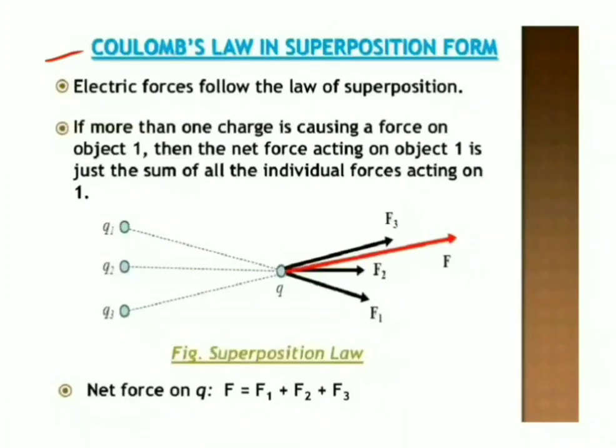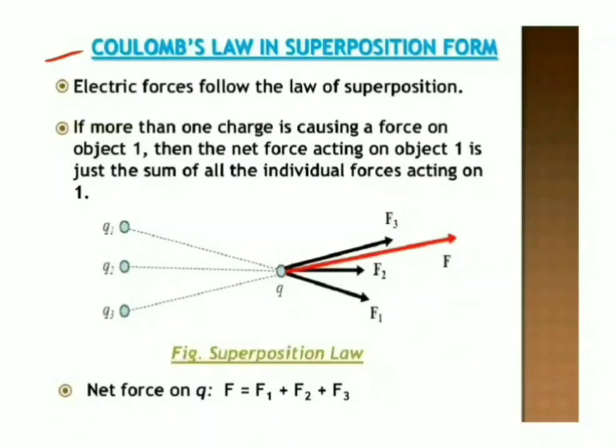So the first point is that electric forces follow the law of superposition. All electric forces follow the law of superposition. The second point is, if more than one charge is causing a force on object 1, then the net force acting on object 1 is just the sum of all the individual forces acting on it.